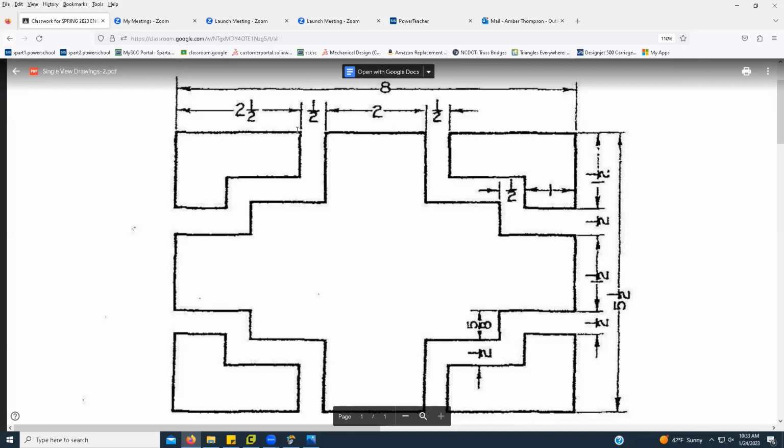We'll go over 2.5. We'll put another half mark for that space, another 2, and then another half mark. Okay, so we'll just do our dimensions along this horizontal line. So 2.5, 1/2, 2, and another half.